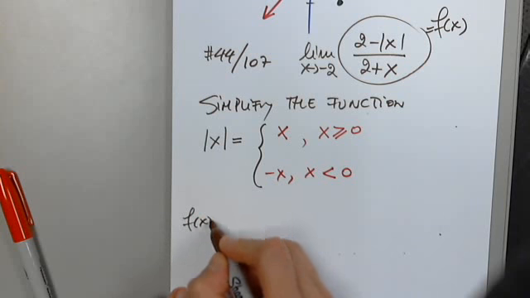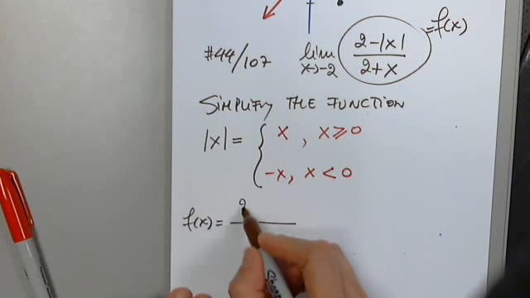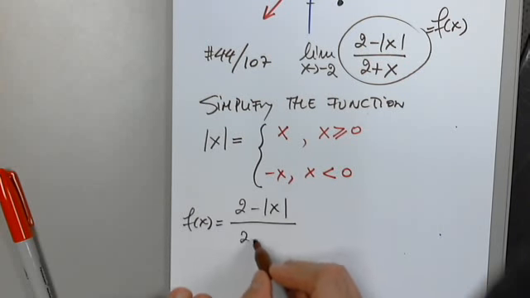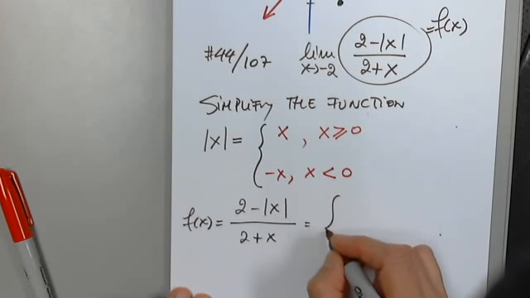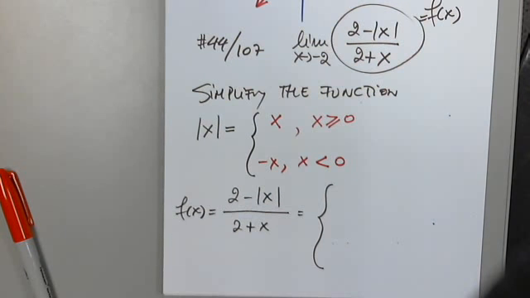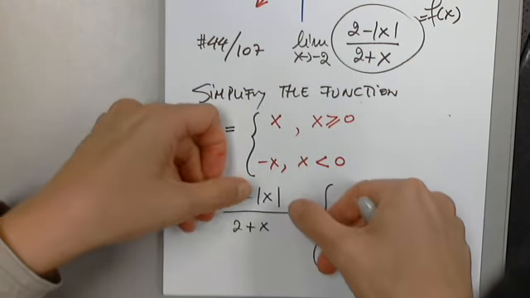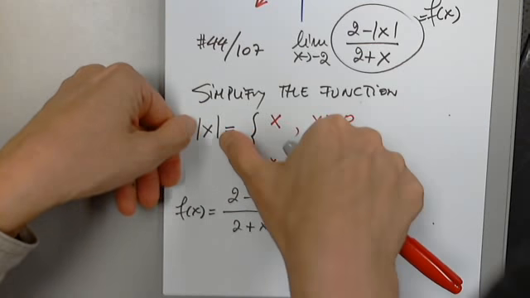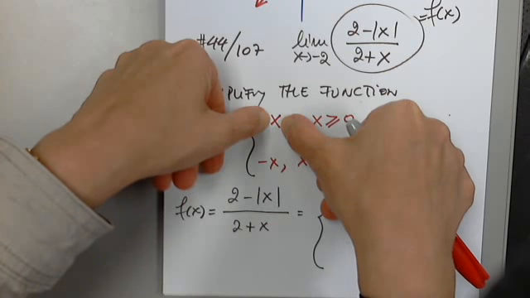So now I'm going here to simplify the function. So I want f of x this time, which is 2 minus the absolute value of x over 2 plus x. Because the absolute value has two possibilities, the function itself will have two possibilities. What is the first possibility? So the first possibility is when the absolute value of x is replaced by x.